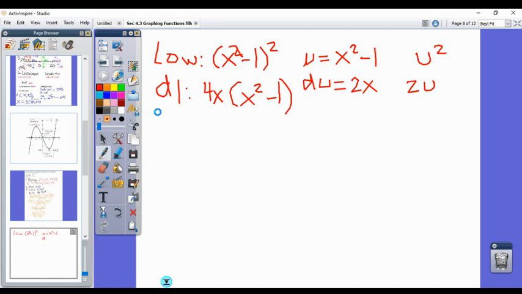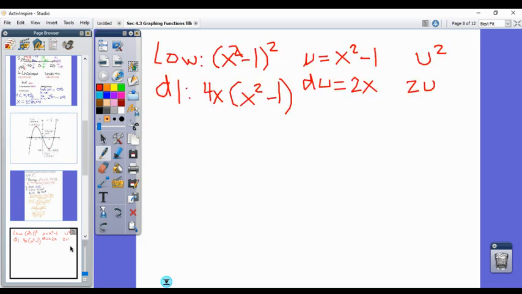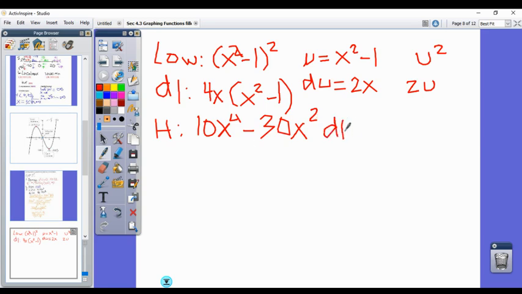Okay, now my high, I don't know what I just clicked. I clicked back. Okay, my high was 10x to the fourth minus 30x squared, and the derivative of that is going to be 40x to the third minus 60x.